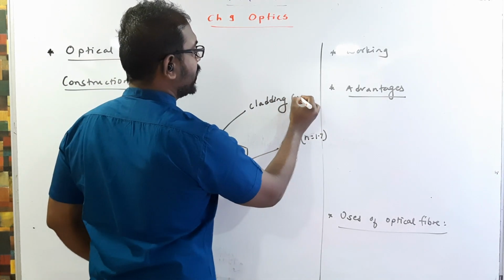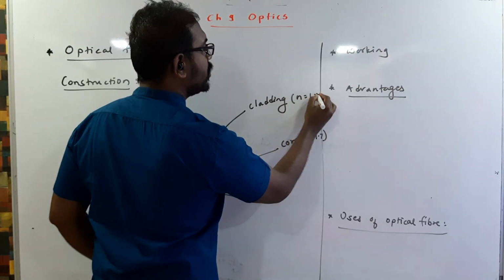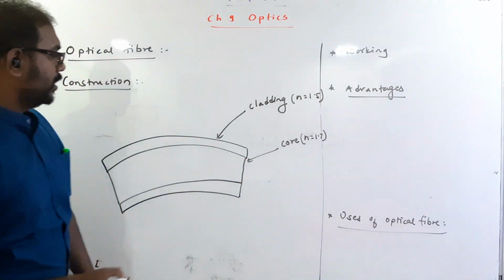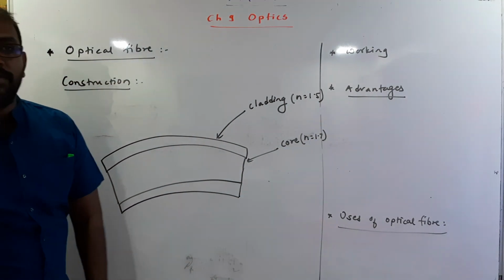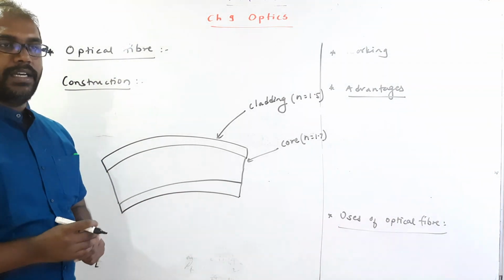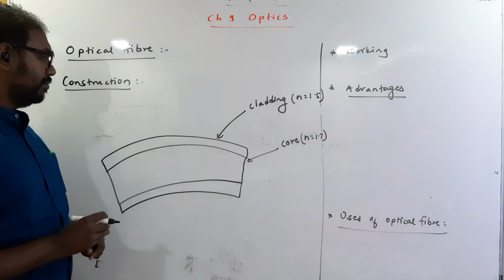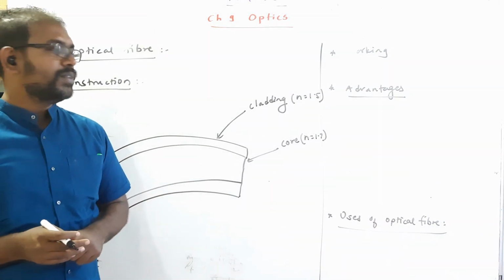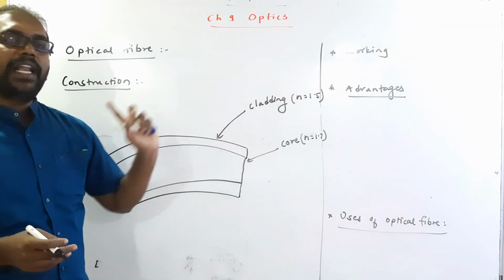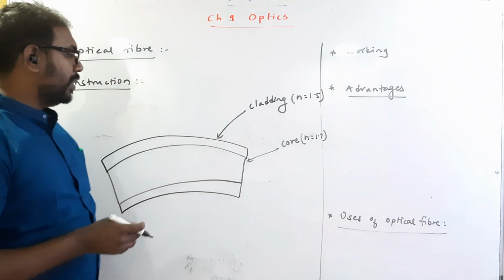The refractive index of the cladding is about 1.5. This whole assembly of core and cladding is covered by a protective plastic covering. We are not showing that in the diagram, but core and cladding are the two very important parts here.